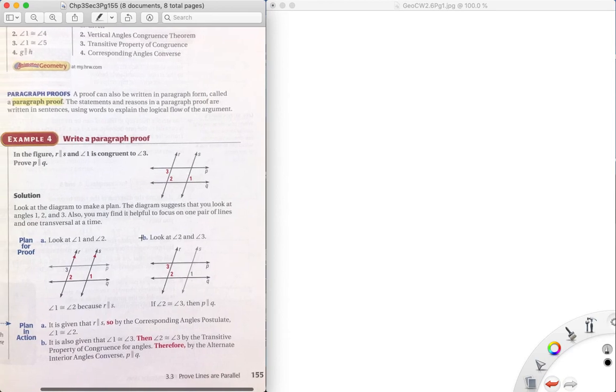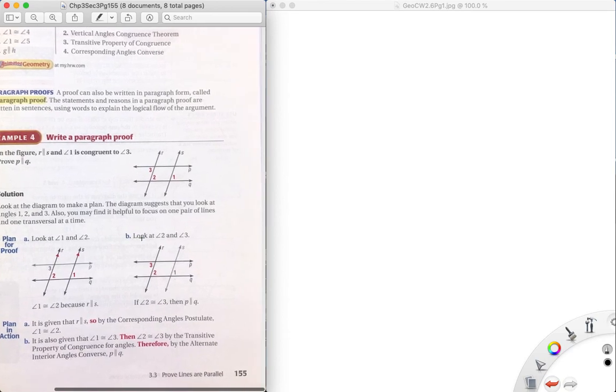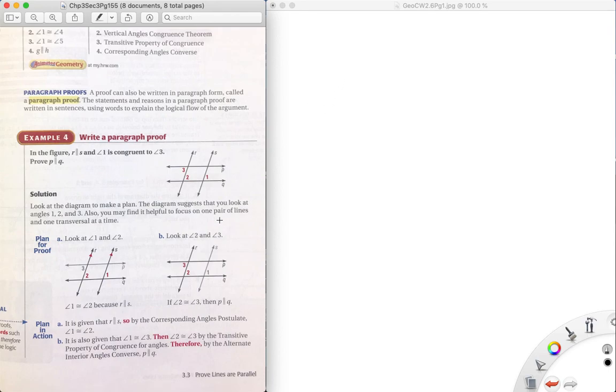Okay, writing a paragraph proof. Again, this will tell you to perform a proof this way, writing words. However, I'm a big fan of writing a 2-column proof first because it's less likely you'll make a mistake. You might think that you're writing it twice, but I think it's a great idea. Here's an example.